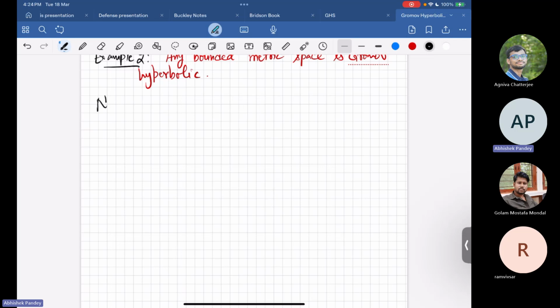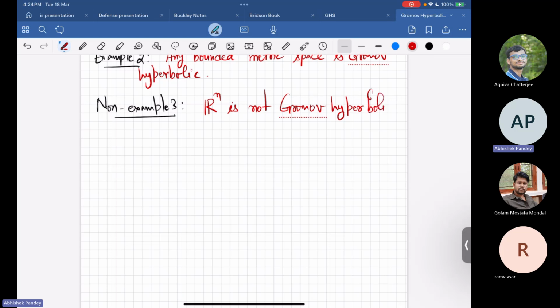This is a non-example, Example 3, which says that R^n is not Gromov hyperbolic for any n greater than or equal to 2.